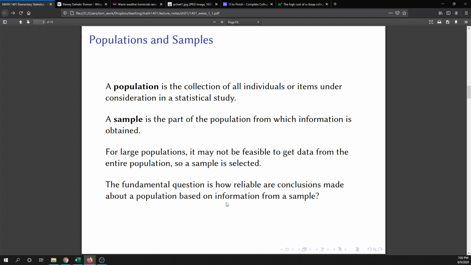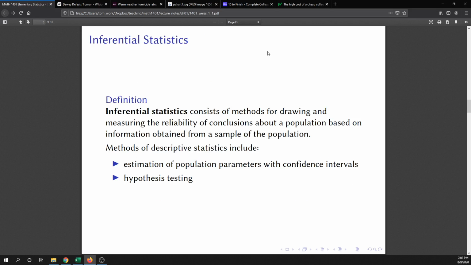The fundamental question that the other part, the inferential part of statistics, tries to answer is how reliable are conclusions made about a population if you only take information from a sample. That leads us into inferential statistics, the branch of statistics concerned with methods for drawing conclusions about a population when you only take a sample.